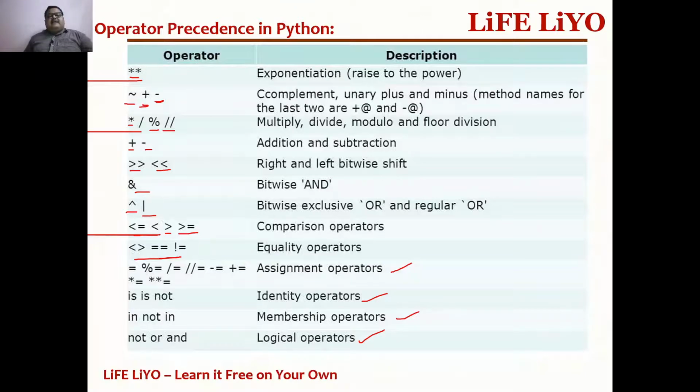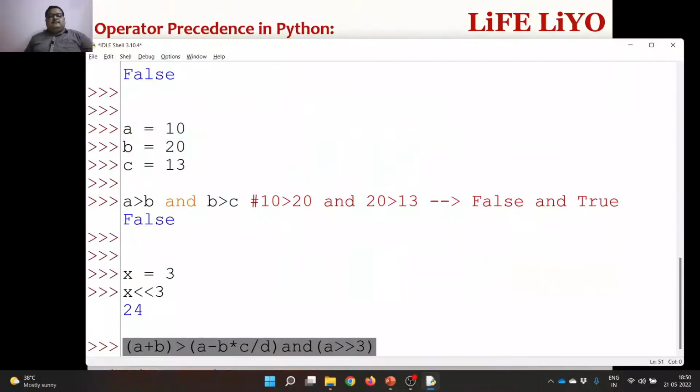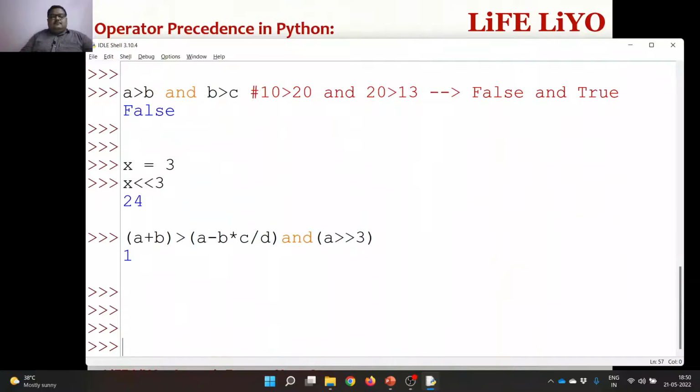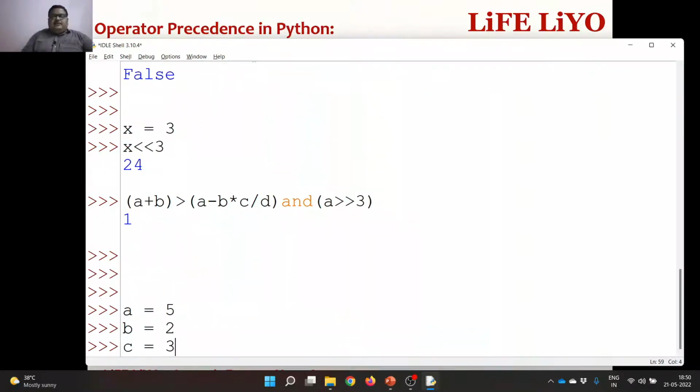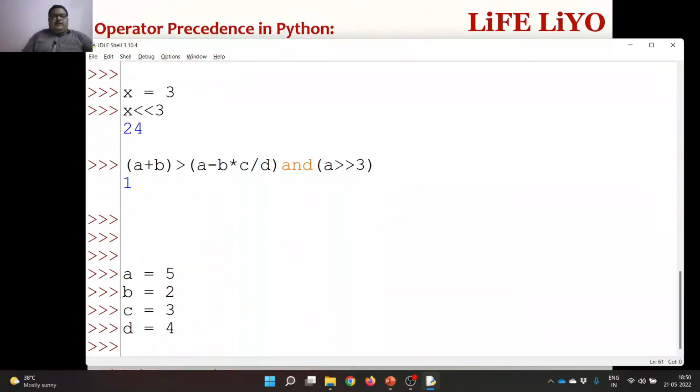Let us try an example here. So I will take A equal to 5, B equal to 2, C equal to 3, D equal to 4, E equal to 6.